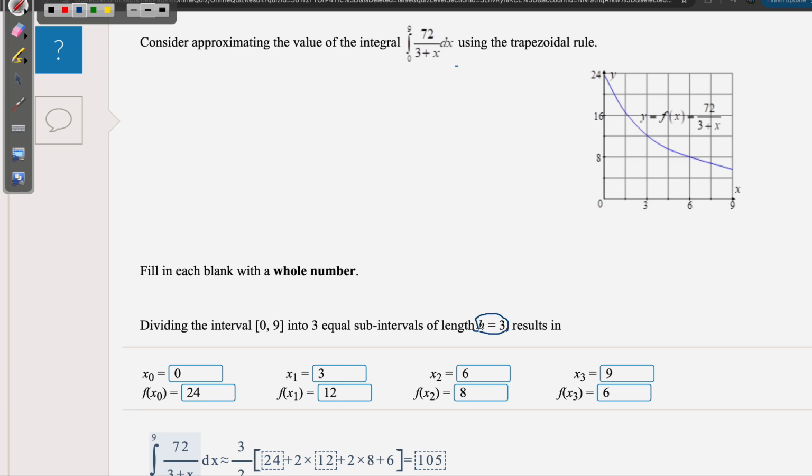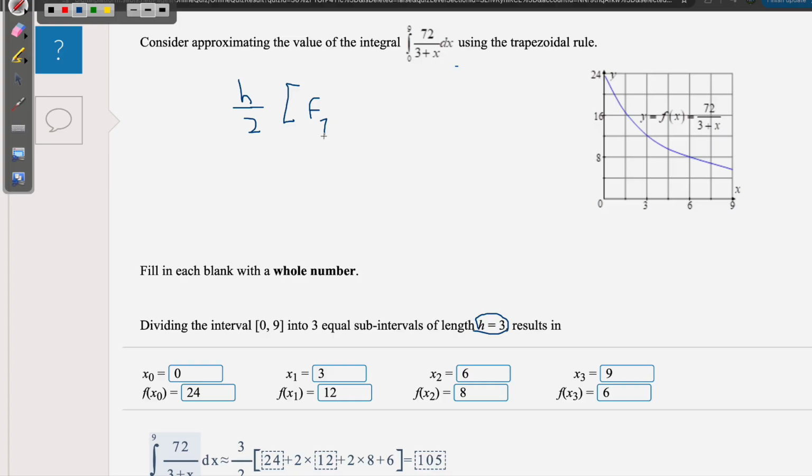When they say h is 3, I'm gonna just write out the rule first. The rule using the trapezoidal method is h over 2 into, let's say, I'm gonna call it f1.